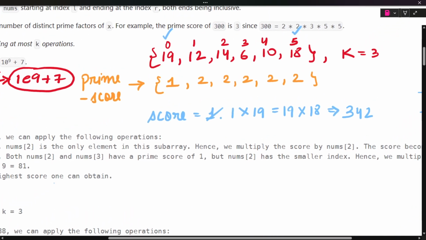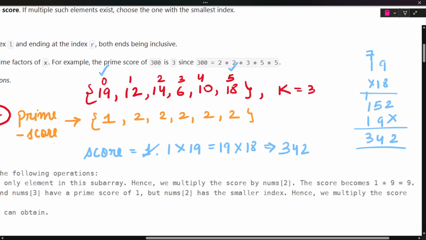Okay, so now, what element should we choose?